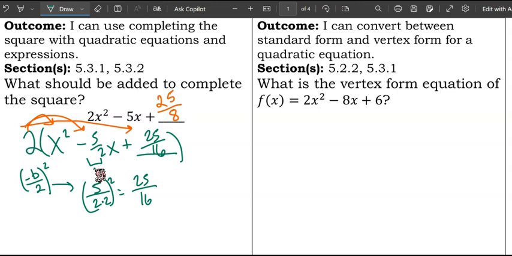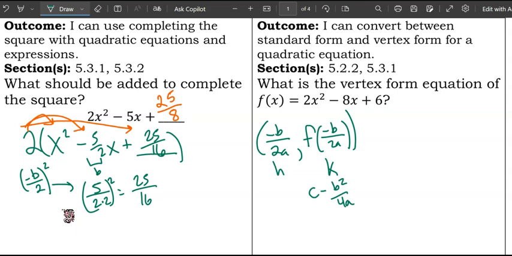Let's refer to the vertex formula. We have negative b over 2a for our h value, and then for our k value, you plug that answer into the formula, also known as c minus b squared over 4a.